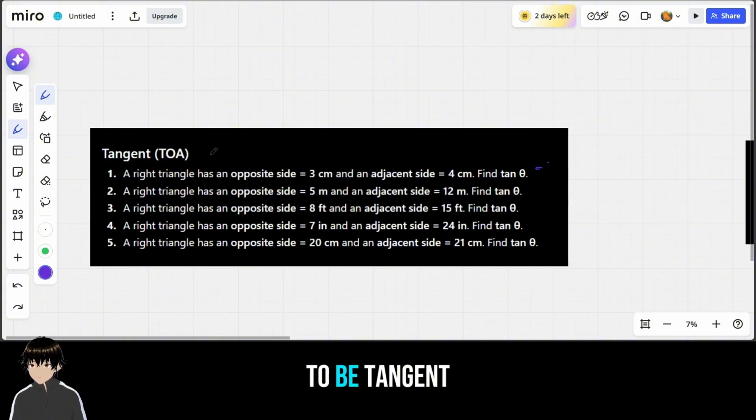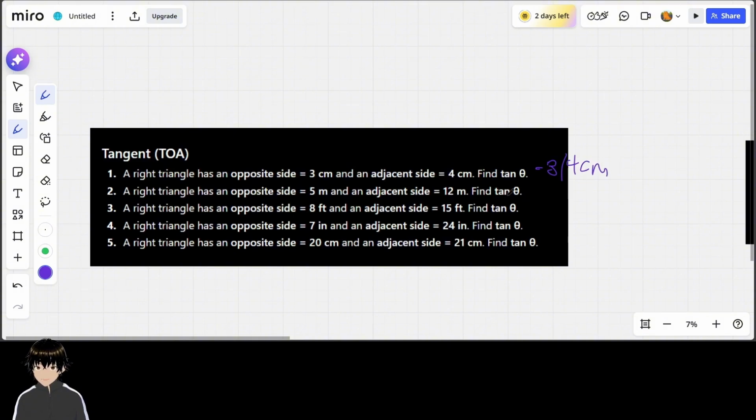So that's going to be tangent theta. We have 3 centimeters opposite and an adjacent side of 4 centimeters. It's going to be 3 over 4 centimeters. And then 5 over 12 meters, 8 over 15 feet, 7 over 24 inches, and 20 over 21 centimeters.